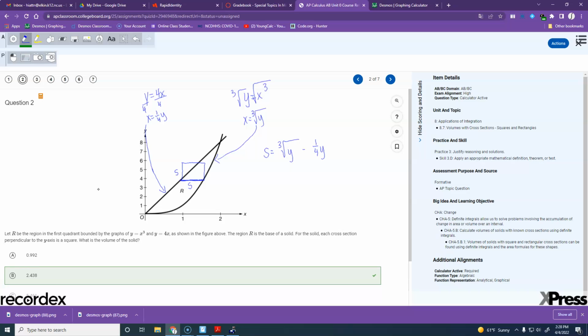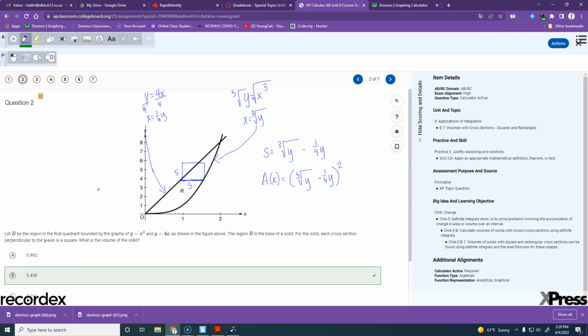Then I need a square. So for my area, I would just be taking the side and squaring it, right? So I'm going to have the cube root of y minus 1/4 y. I'm going to put parentheses around that and square it. Would it be correct to just put S squared?